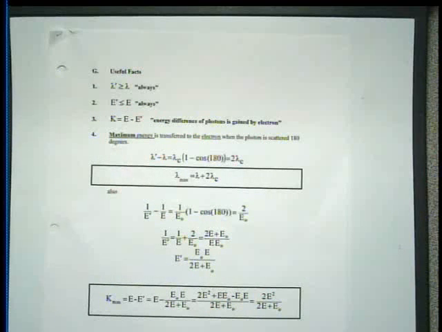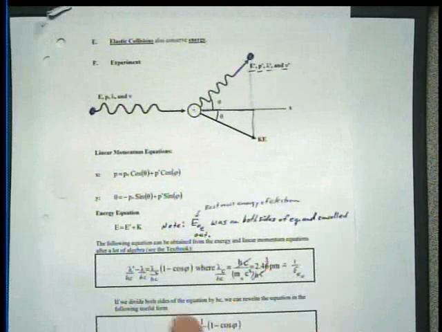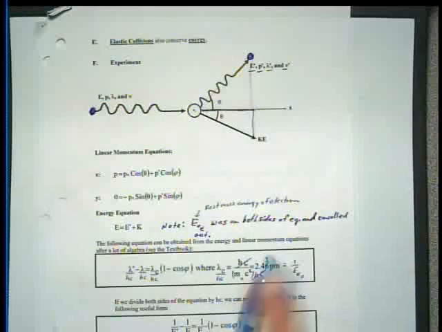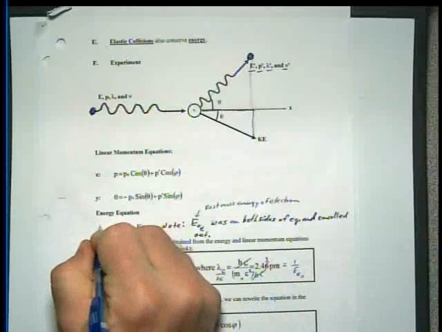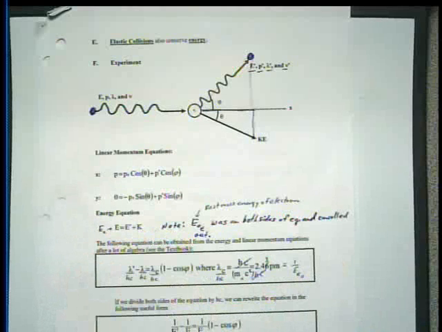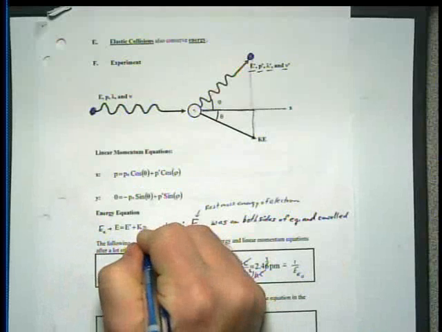You might wonder, what about the rest energy of the electron? It was accounted for here. I know I didn't write it. I could have. There had to be an electron before they collide. By the way, there has to be an electron after they collide.